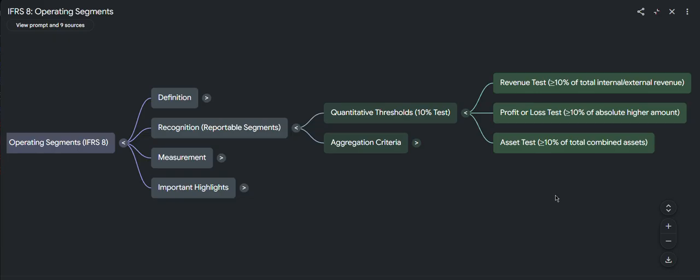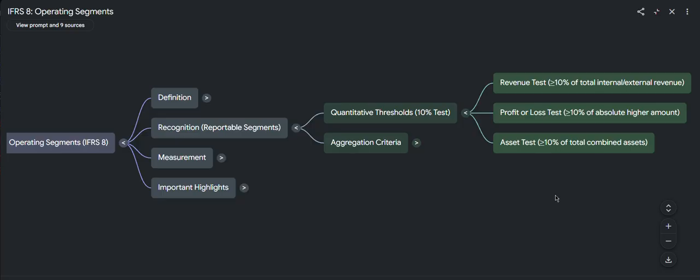For it to be considered a reportable segment, its revenue should be greater than or equal to 10% of the total revenue, in relation to the combined revenue of external and internal. So that's the revenue test.